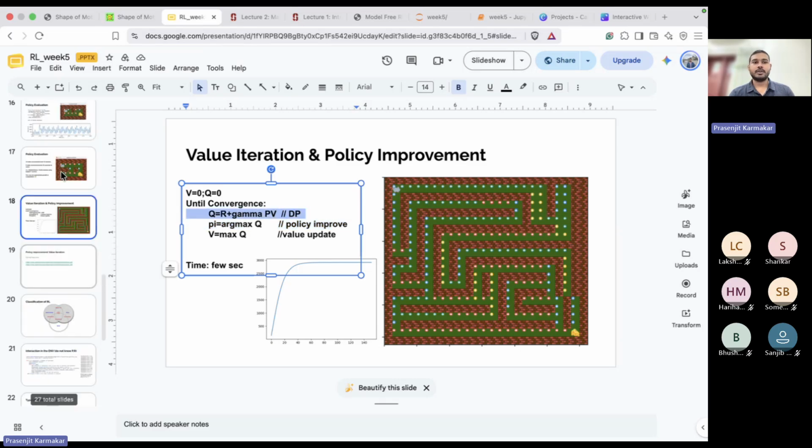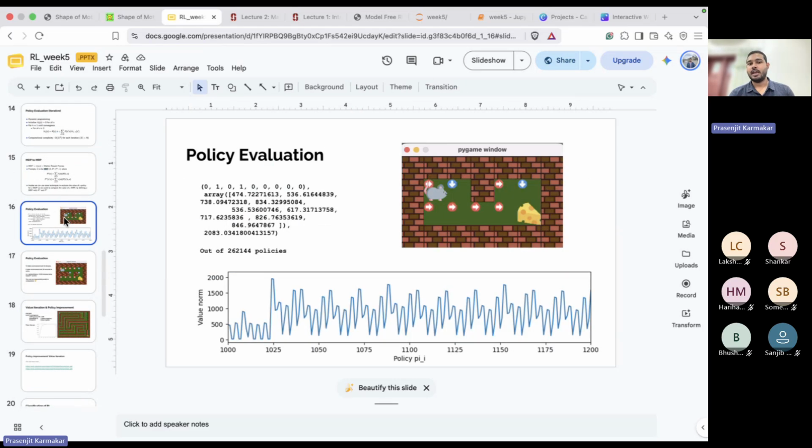It's actually similar to this case: we come up with all possible policies in the environment, solve them individually one by one, then rank them with the norm of the value. Whichever policy has the maximum value, that is the best policy. But the problem still persists.